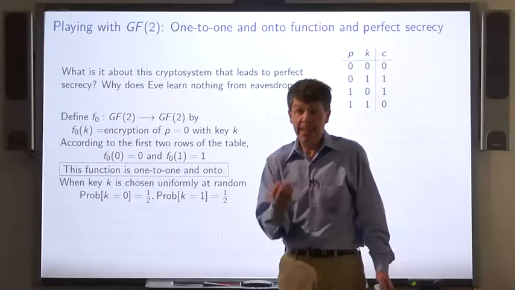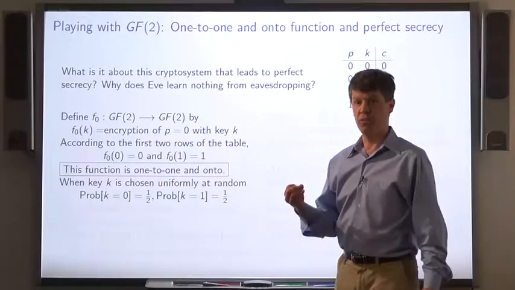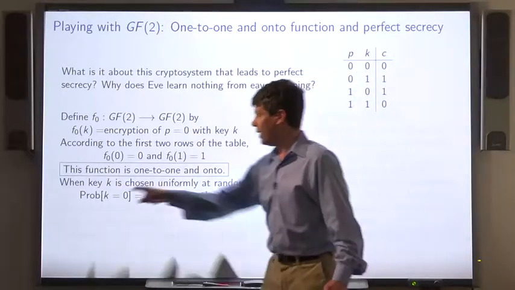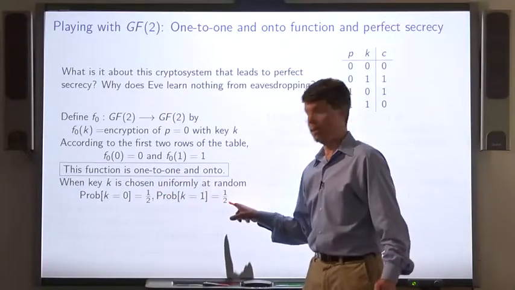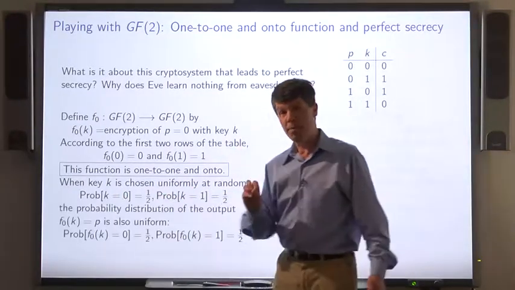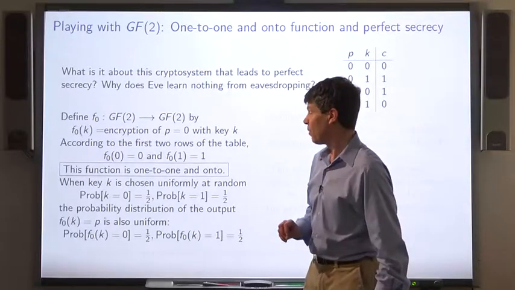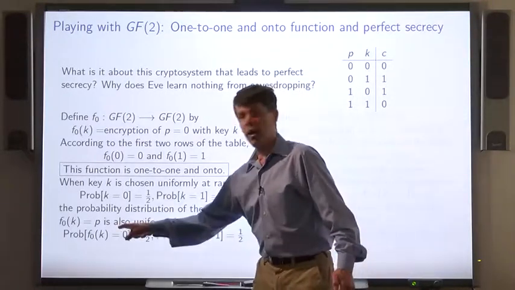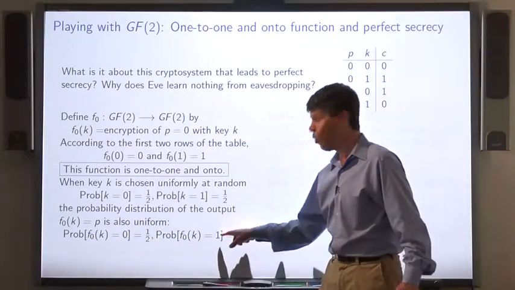Now, when the key k is chosen randomly according to the uniform distribution, that is, when k is 0 with probability 1/2 and 1 with probability 1/2, then the probability distribution of the output is also uniform. That is, the probability that the ciphertext is 0 is 1/2, and the probability that the ciphertext is 1 is also 1/2.